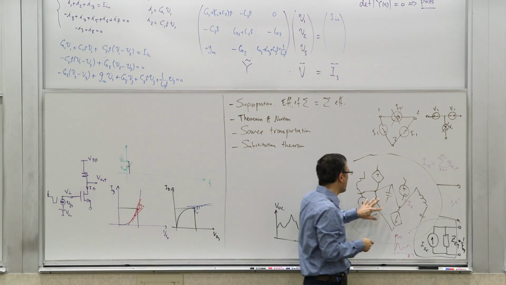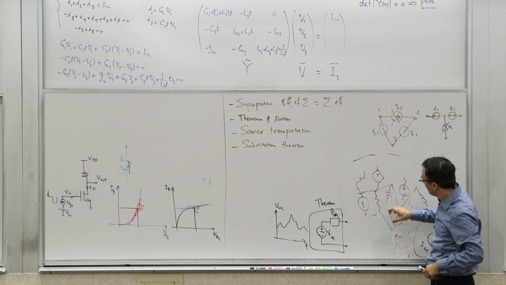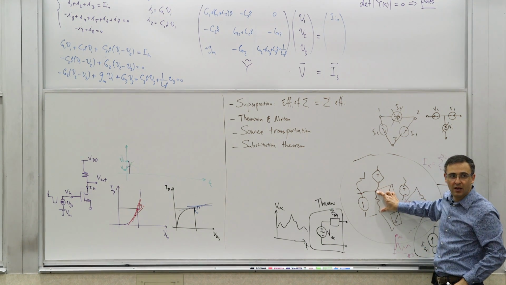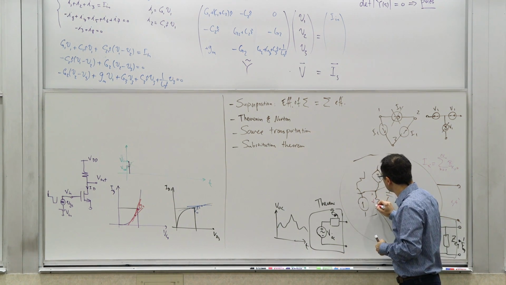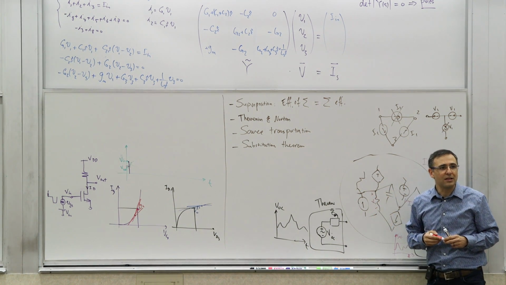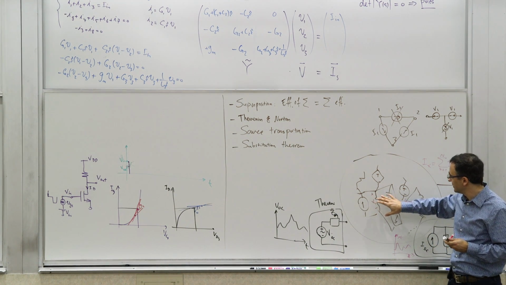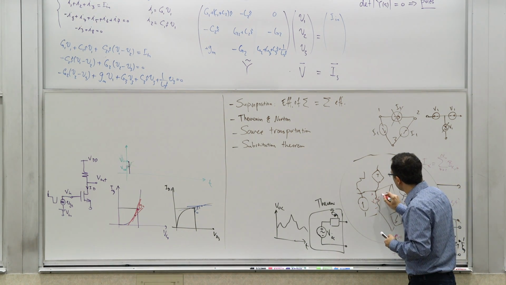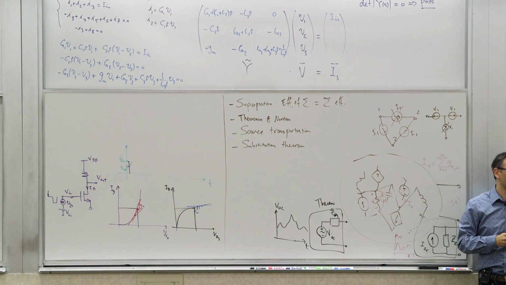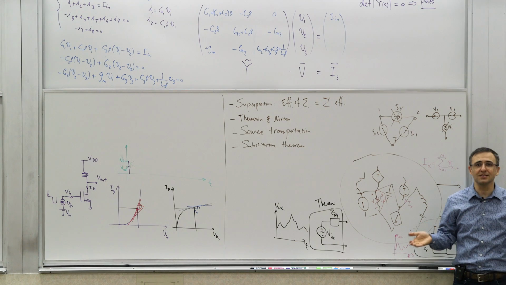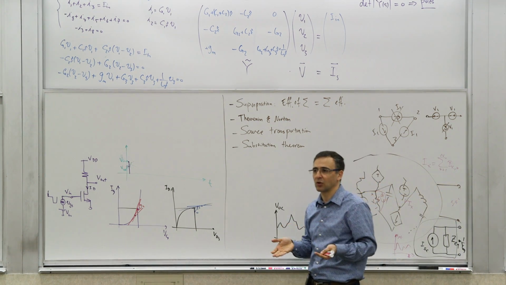if at some point in this network you have an element where you see a voltage, so you measure the voltage across this element, you can take it out and replace it with a voltage source of the same value. If this value is a constant, you replace it with a voltage source of constant value.